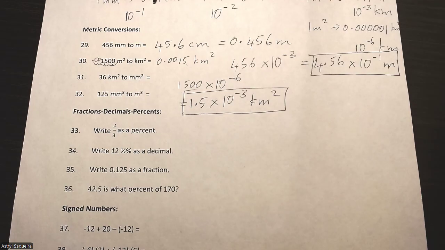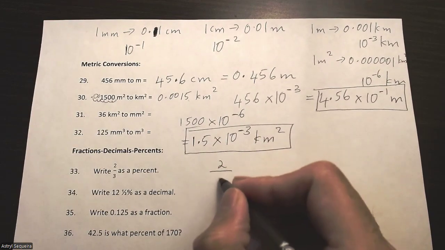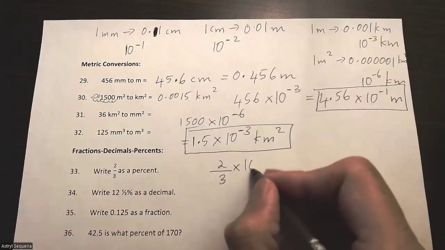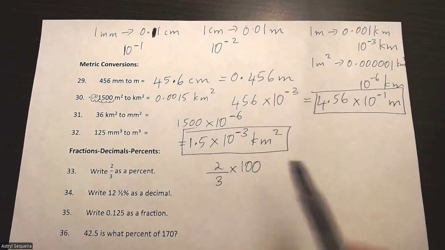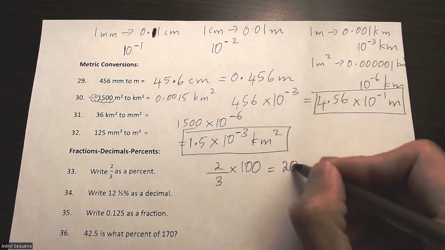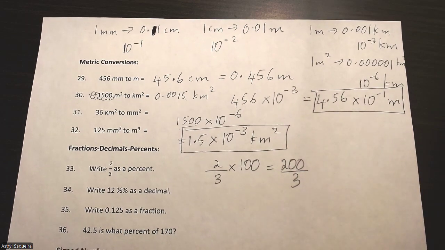So if you ever want to write anything as a percent, you just have to multiply it by 100 to convert it into a percent. And then you just have to simplify it. So 2 times 100 is 200, 200 over 3. And then we just have to convert this into a mixed fraction.